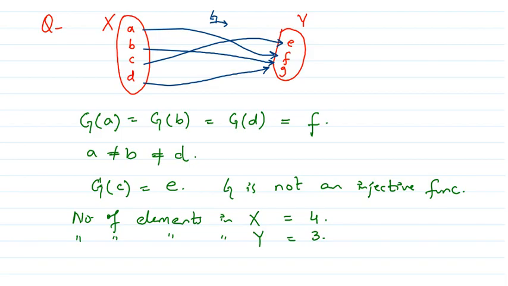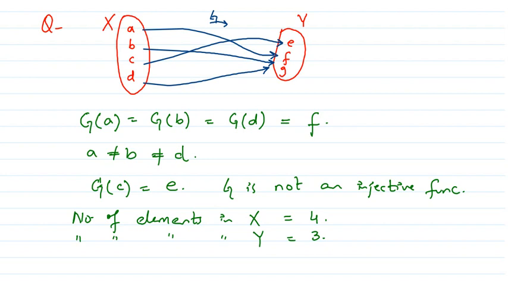Okay, at least 2 elements will definitely be mapped to a single element of y. So with the codomain having a size less than the domain, there is no possibility to have a one-to-one function.